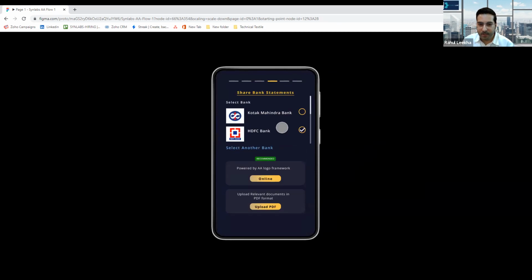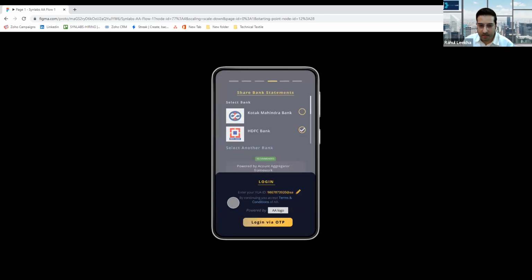Now they've been asked from the list of banks here. They can hover and select a particular bank, and then either they have an option to upload PDF or they go for the account aggregator. Now here they have an option to choose a new number. Now here we are actually using the SDK of the account aggregator.